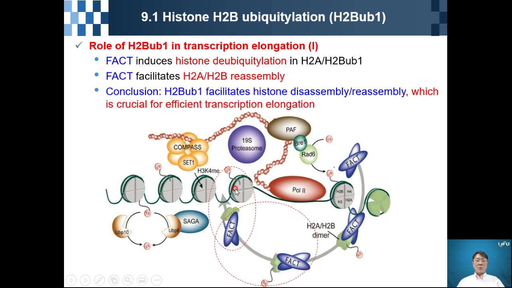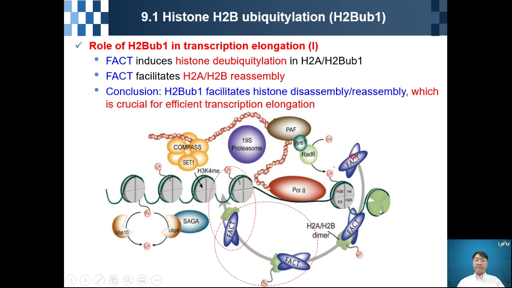So our conclusion is that during the transcription elongation step, H2B is ubiquitinated, so H2B-UB1 can recruit the FACT protein.